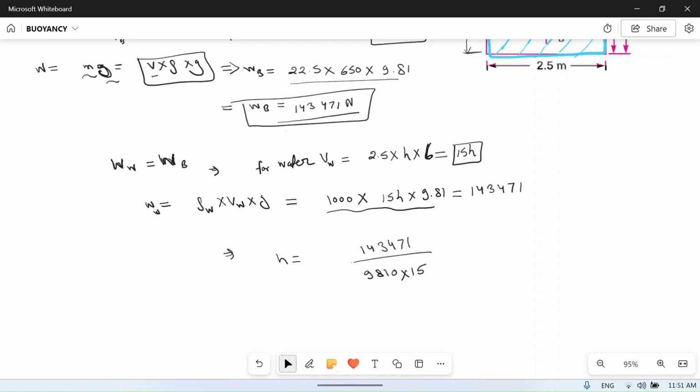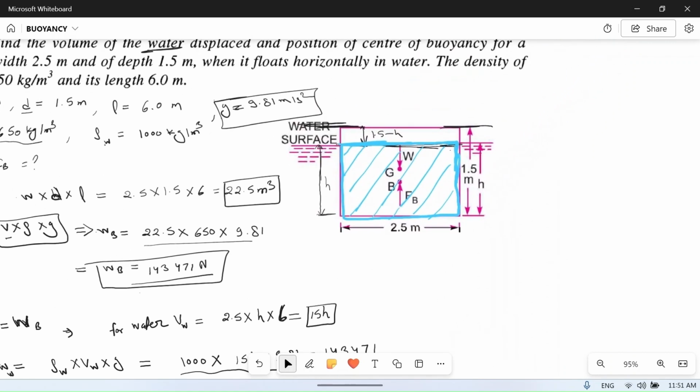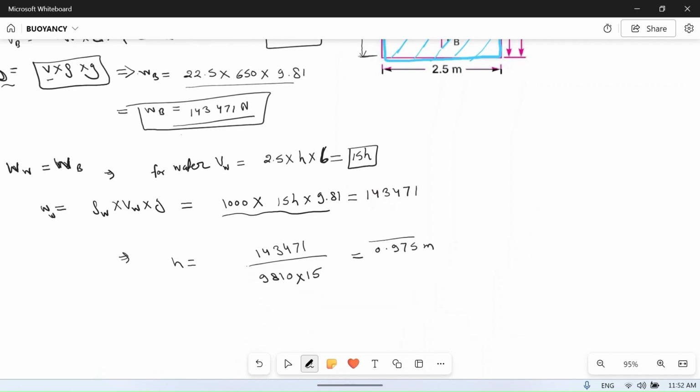If you calculate it from the calculator, 143,471 divided by 9810 divided by 15, you will get 0.975 meter. What does it mean? It means that block had height of 1.5 meter, but only 0.975 meter of block is submerged in water.